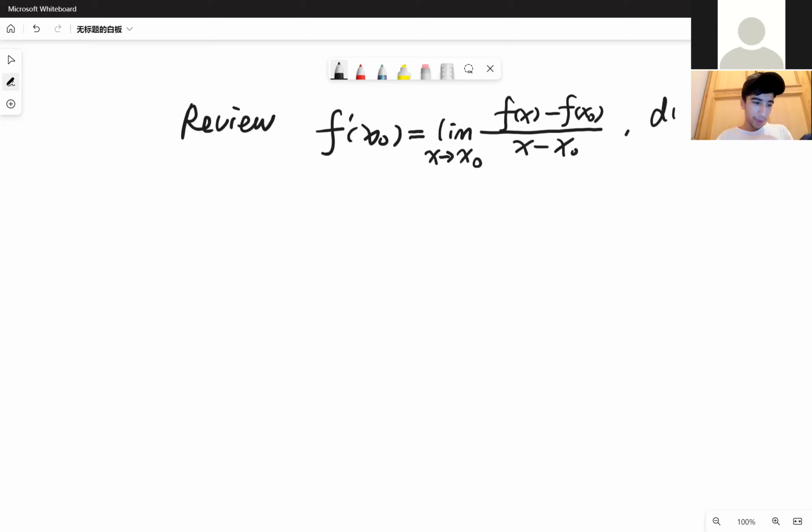This is the definition of the derivative of a function, right? And we have the following formulas.